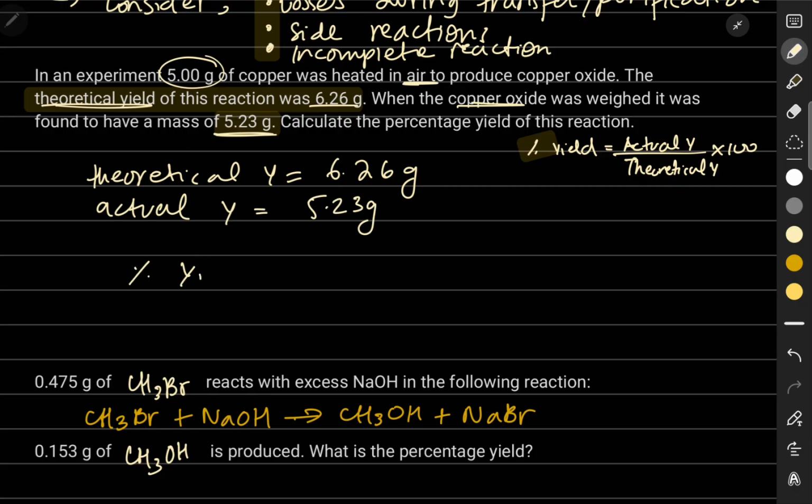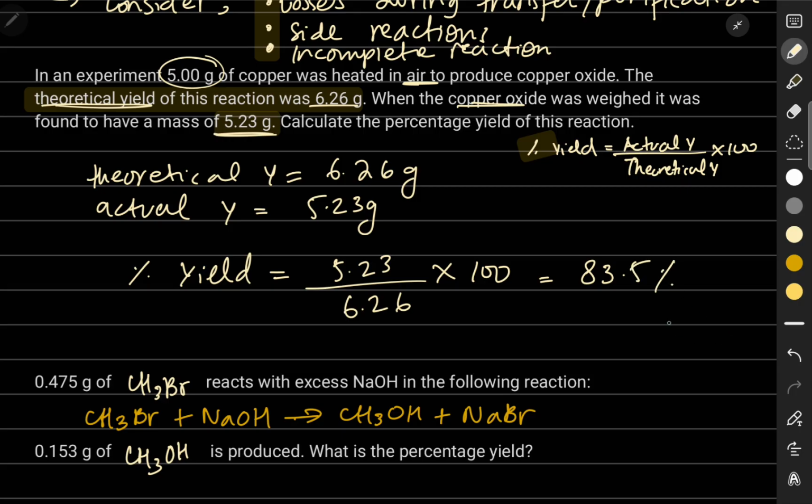So if you calculate percentage yield for this reaction, actual yield goes at the top, so that's 5.23, divided by 6.26 grams, and times that by 100, and I have this already calculated for you, so that's going to be 83.5. Try to give the answer to 1 decimal place, okay?